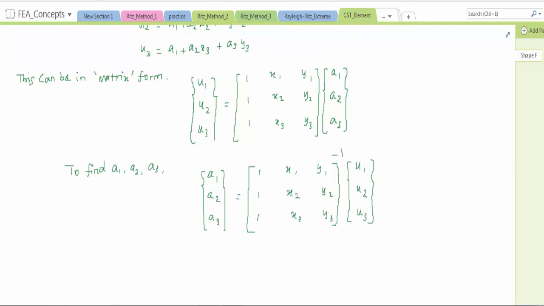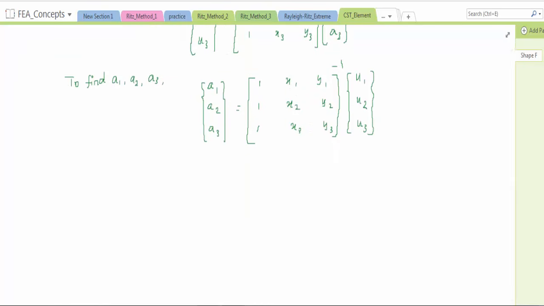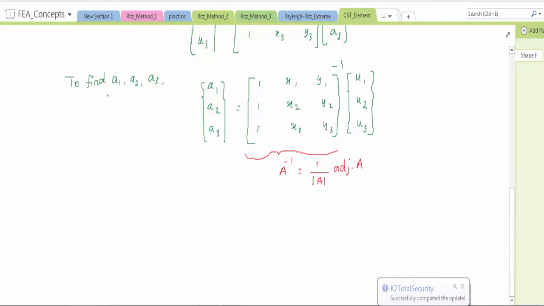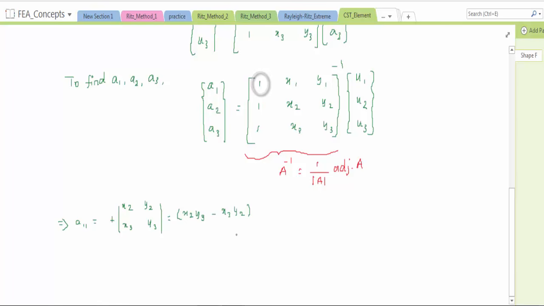Now we have to find this inverse. Let us assume that this matrix is A, then we have to find A inverse, that is 1 by modulus of A into adjoint of A. Let us take the element A11; the corresponding row and column will be omitted, and the remaining terms with a positive sign give a determinant like this.